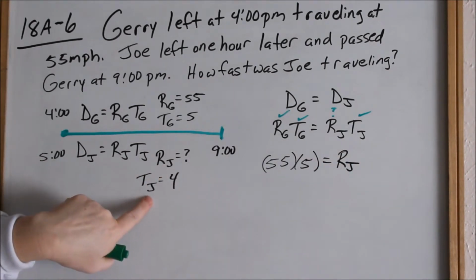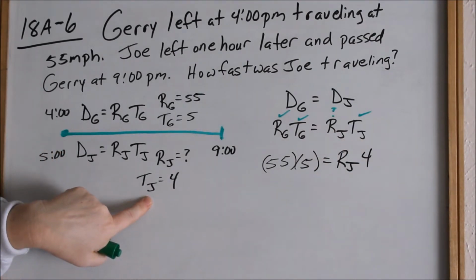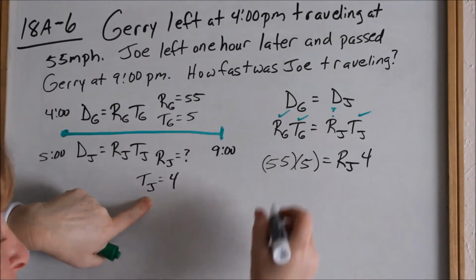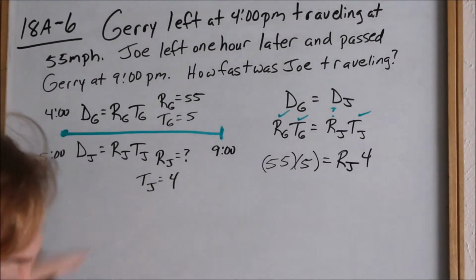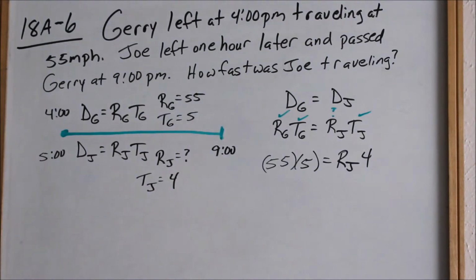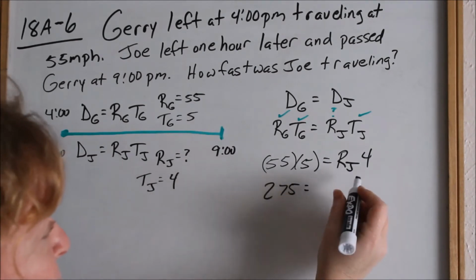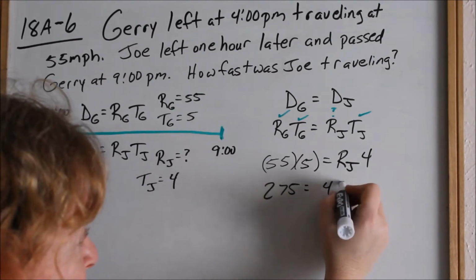And then Joe's time was 4 hours. So this becomes 55 times 5, which is 275, equals 4RJ.